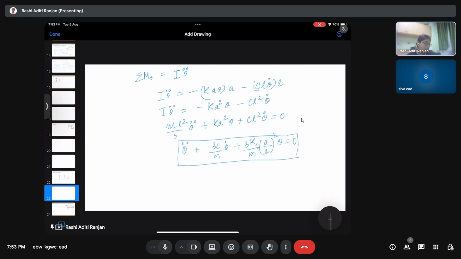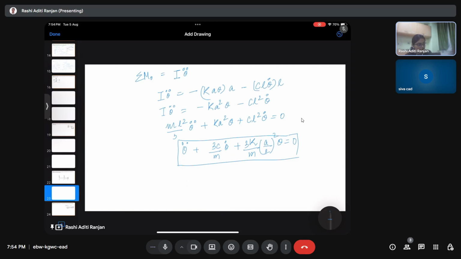Now from here we can again find out the natural frequency, the damped natural frequency, and the damping coefficient. How?